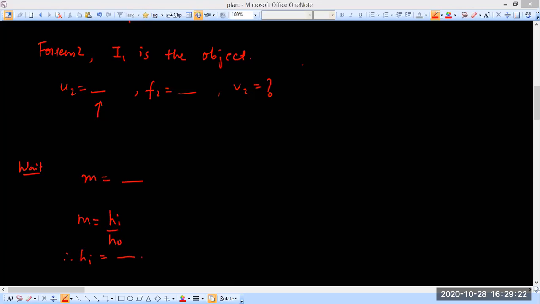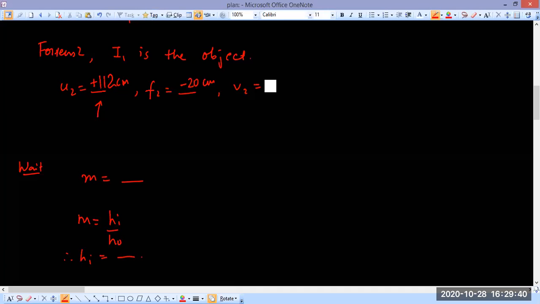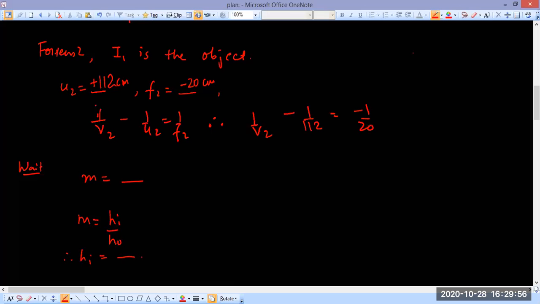Just check your calculation one more time. જો U2 plus 112 centimeter આવશે, F2 minus 20 centimeter, and we have to find V2. માઇનસ પ્લસમાં મિસ્ટેક ન થાય, ખાલી એટલું ધ્યાન રાખજો.